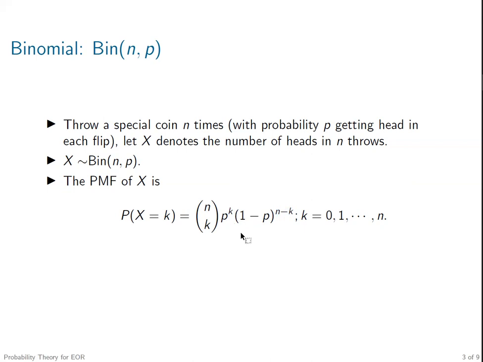How many outcomes would have k heads out of n throws? We have n choose k such outcomes, and each outcome has this probability. So in total, the probability of the event that we are getting k heads out of n throws is equal to this value.